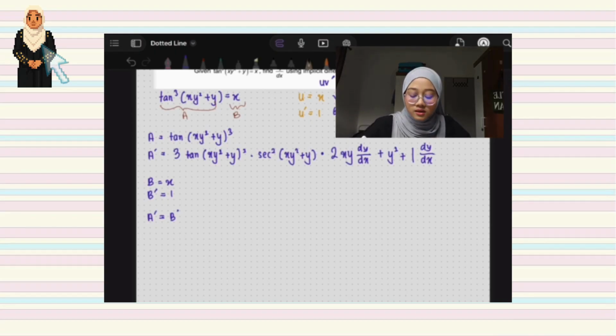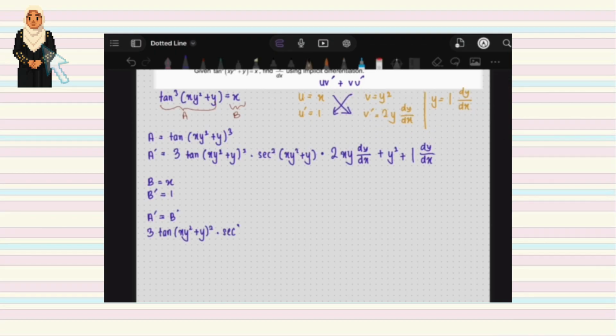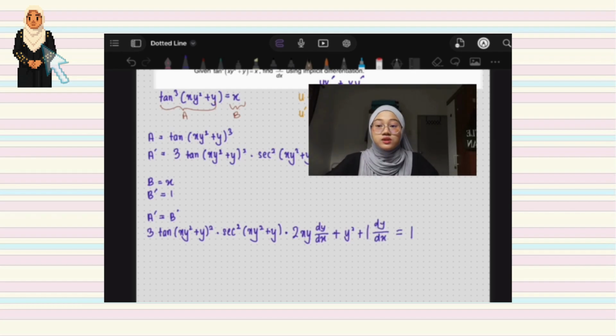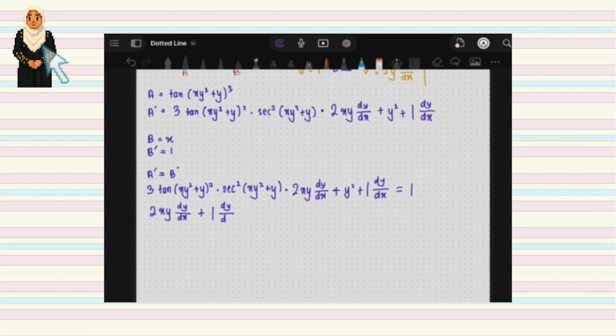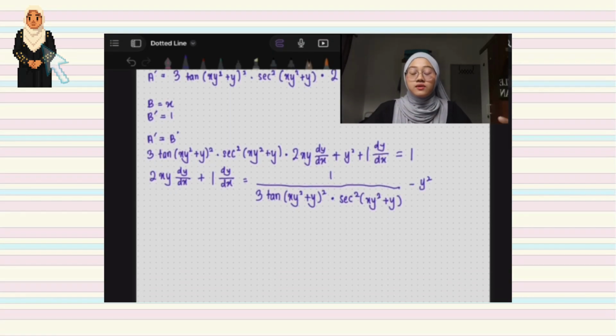So just write it all. We just need the dy over dx, so we will move the dy over dx terms to the left side and the others to the right side. Then we can factorize the dy over dx.